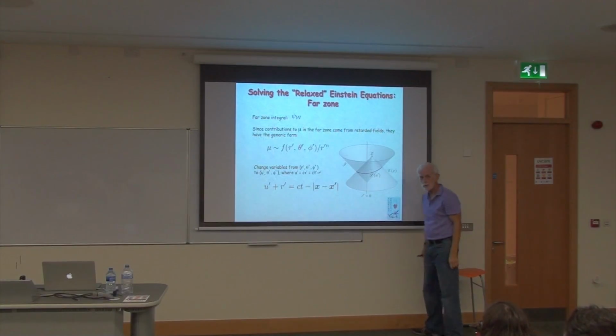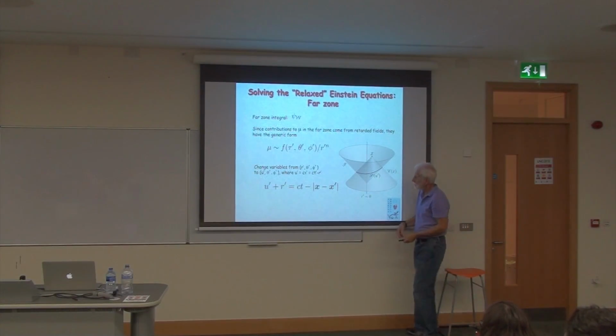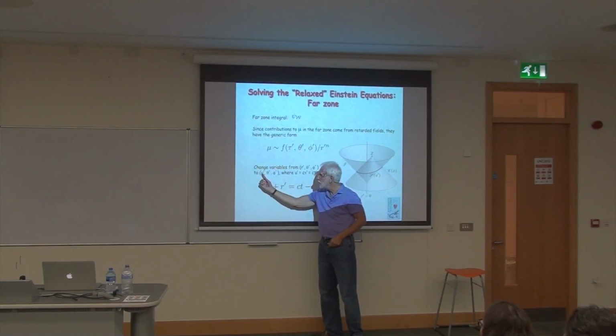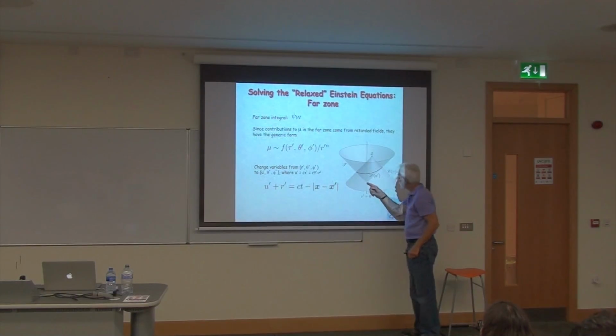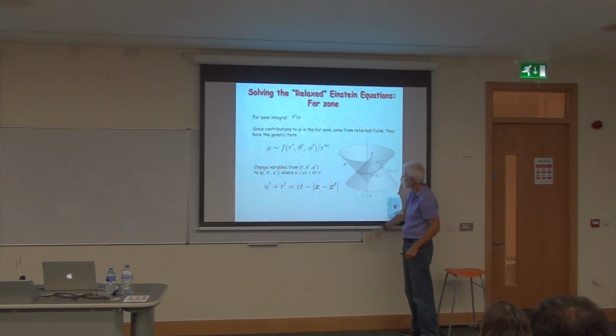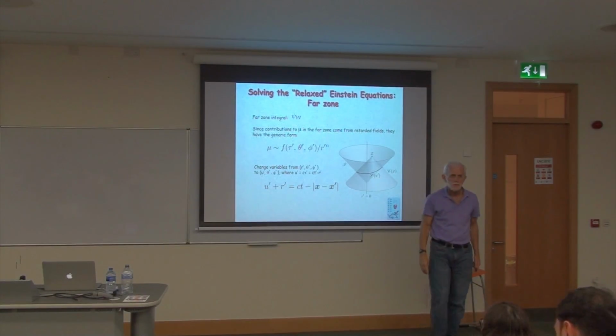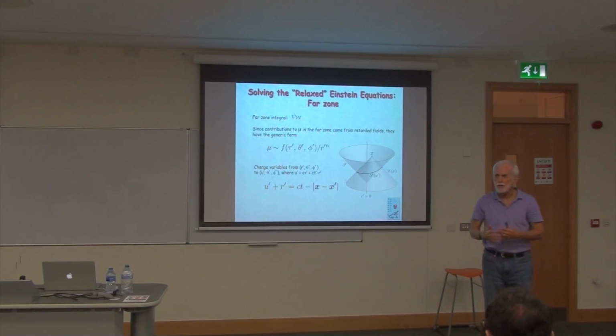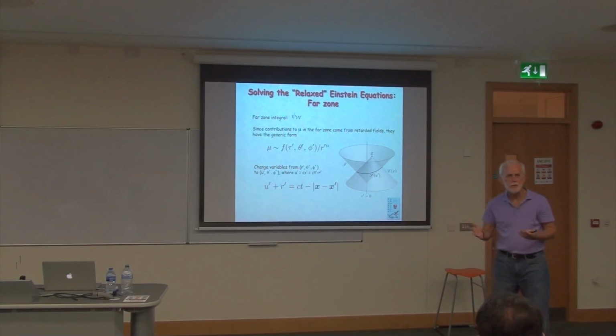But u prime is fixed. And then, to complete the integral, we have to integrate over all u prime, and for each u prime, going into the infinite past, you keep integrating until this cone is just tangent to that cone. And further in the future, the cones don't intersect anymore.